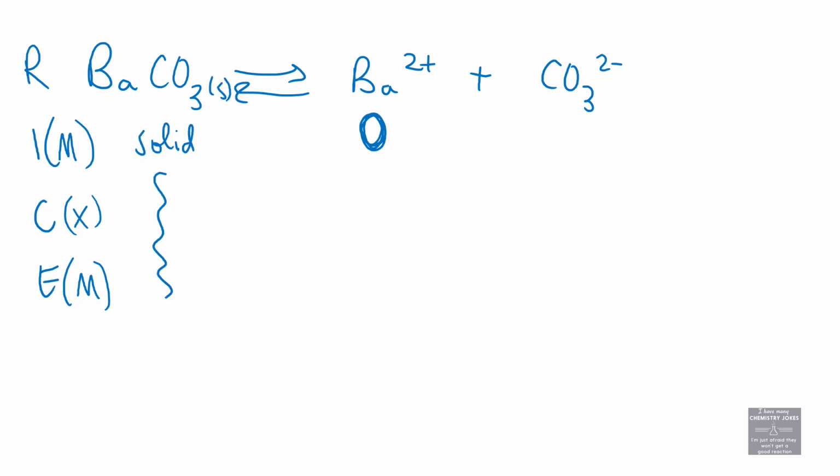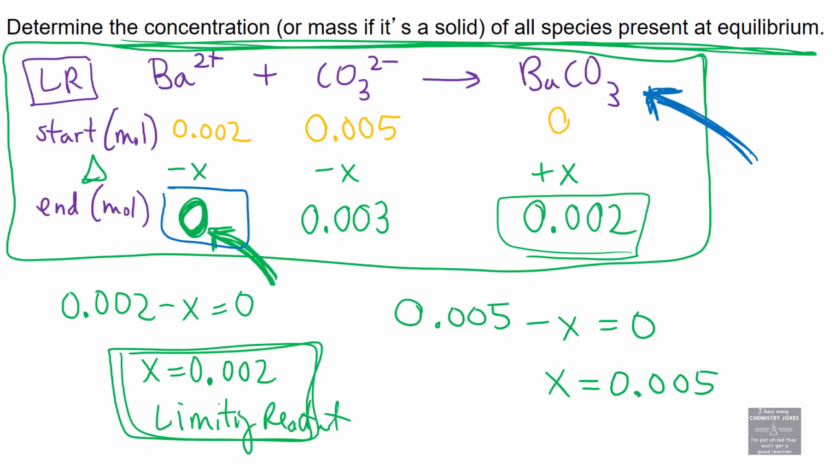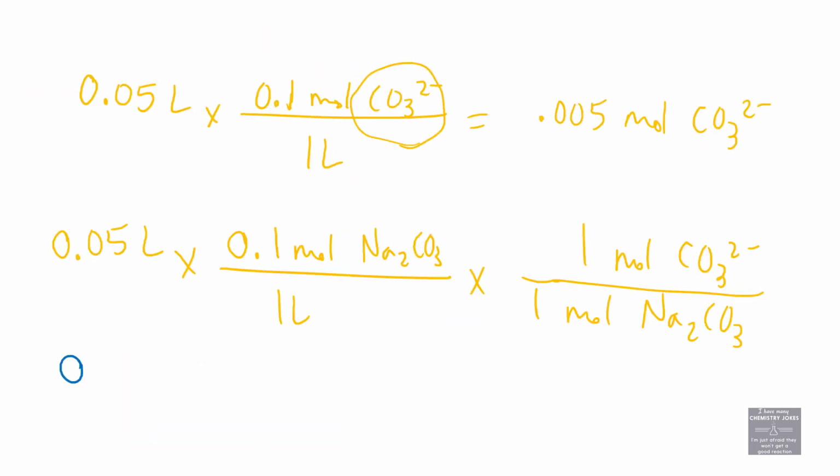We really don't care how much is there, but we're going to do some more with that. The end of our limiting reactant table says there's 0 moles of barium, so 0 moles over any sort of volume, still going to be 0 molar. The ending row of our limiting reactant table said I've got 0.003 moles of carbonate. So we'll stick it on this page here, 0.003 moles of carbonate.